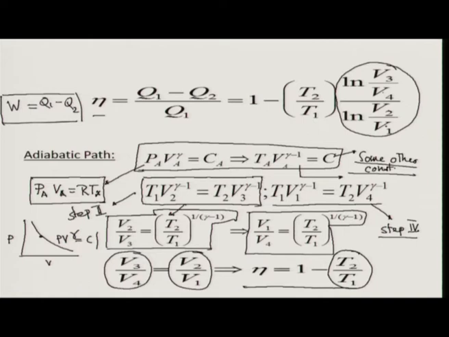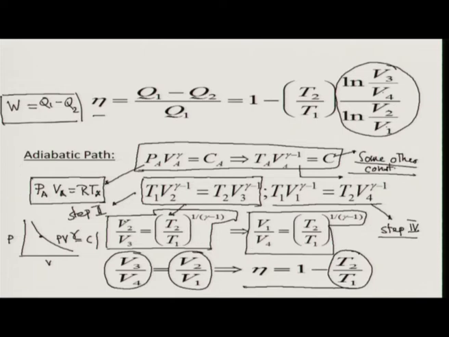But that doesn't stop me, because I know step 2 and step 4 are both adiabatic processes. In an adiabatic process, PV^gamma is constant. For an ideal gas, I can always change it to T V^(gamma minus 1) is equal to constant. Okay? Immediately, two adiabatic processes: step 2 gives me this relation, step 4 gives me this relation.